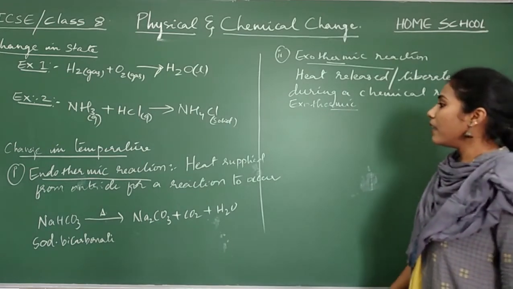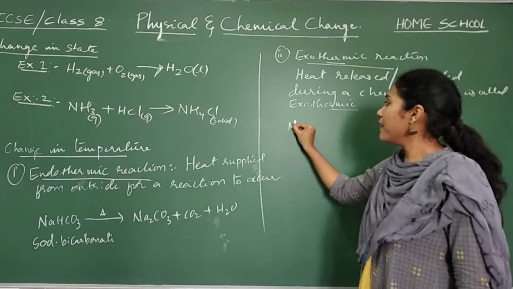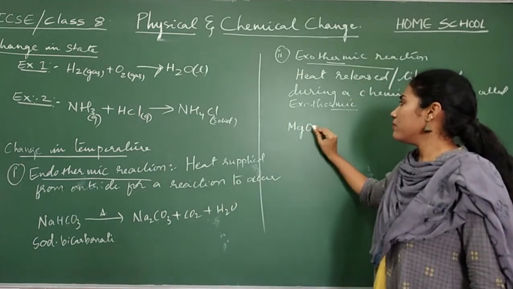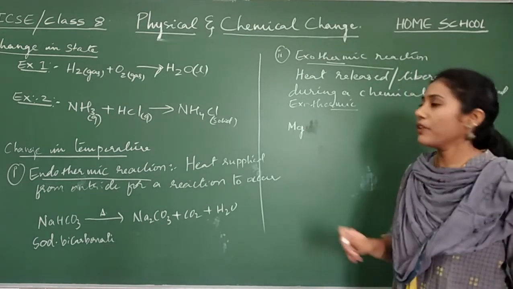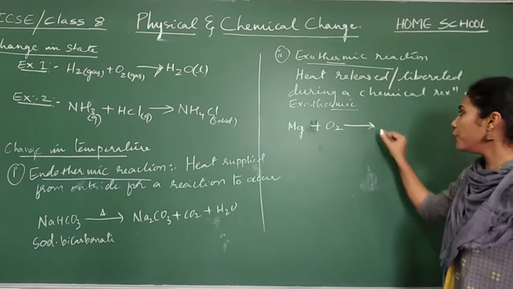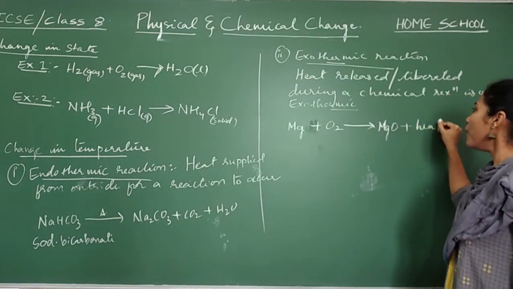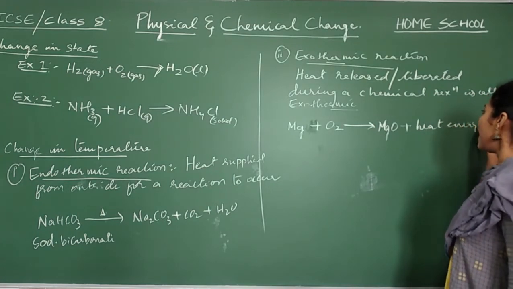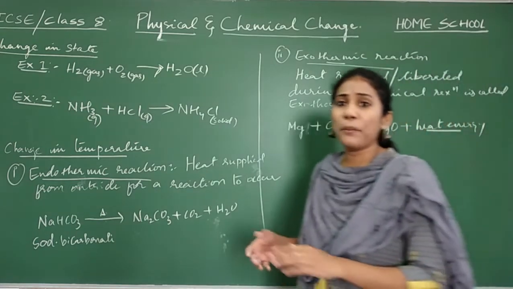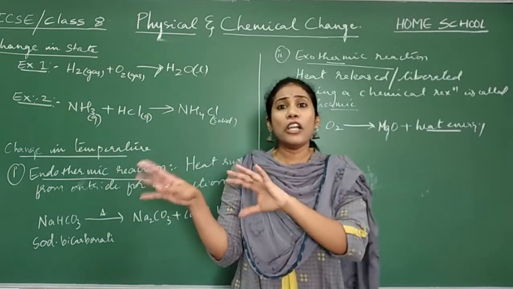Sometimes what would happen is, Mg, when it reacts with oxygen, you will get MgO with a large amount of heat energy. Whenever this MgO is formed, you will observe a brilliant bright light with lots of heat.